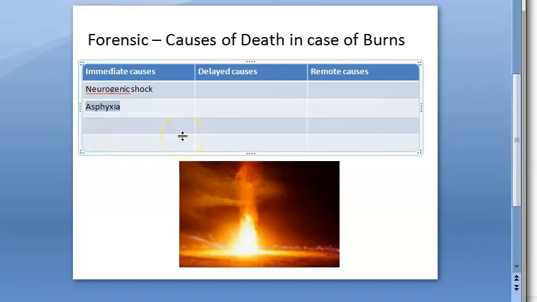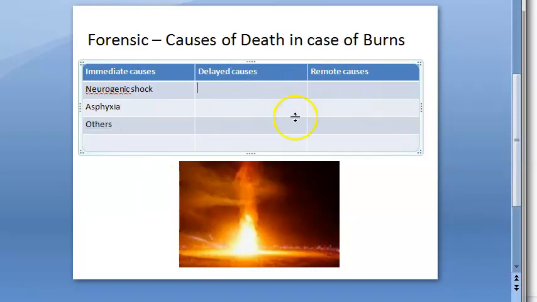You have seen carbon monoxide poisoning in other videos. Moving on, others: smoke, heat-induced laryngospasm, respiratory arrest, and vagal reflex-caused cardiac arrest are the other immediate causes. So what are the immediate causes, guys? Neurogenic shock, asphyxia, others like cardiac arrest, laryngospasm, respiratory arrest.